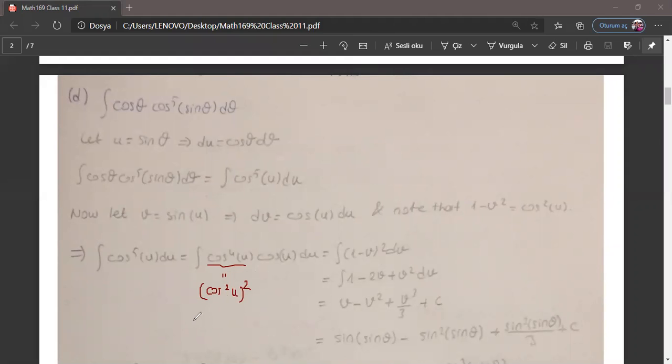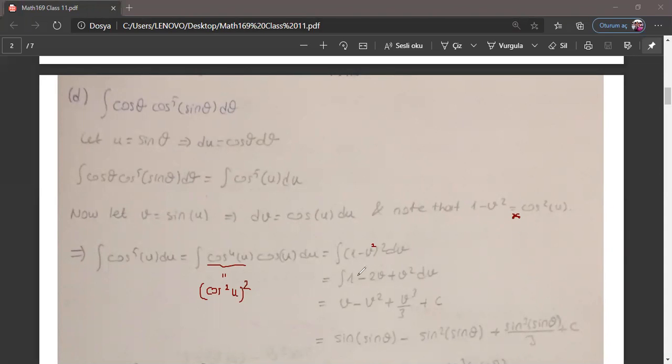And cos squared, we wrote before, is 1 minus v squared, so we have 1 minus v squared to the 2 dv. I made a mistake there. Okay, it should be like this.